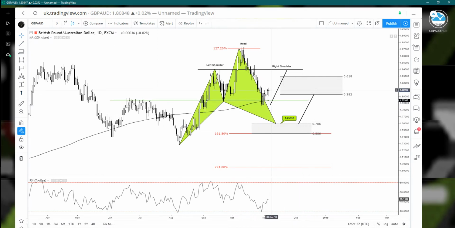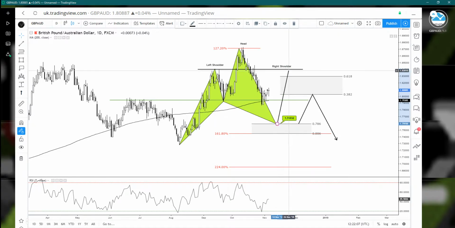If the market decides to print this cipher pattern violating this structure neck zone, I admit this pullback as a retest of the neck, and from here the price will trade lower or even lower. At this point I'm waiting for the right shoulder to be printed or the cipher pattern.